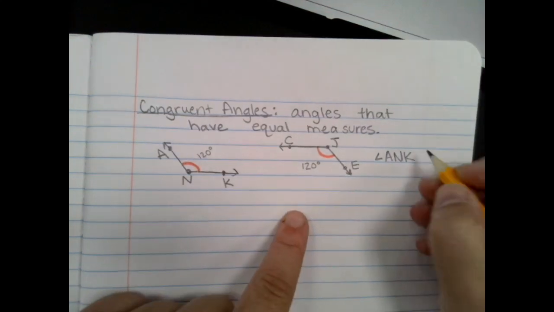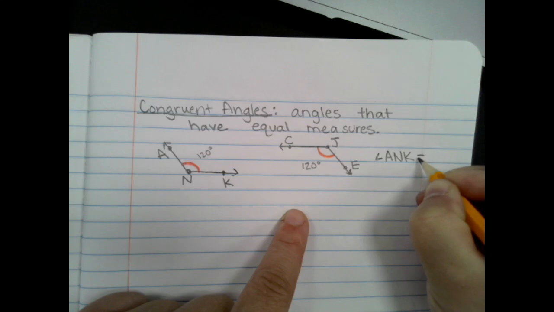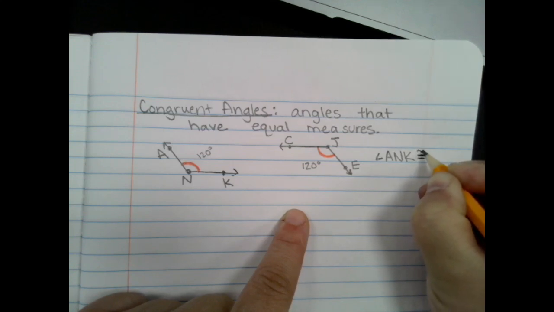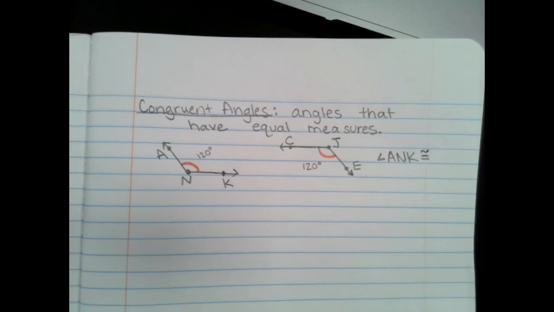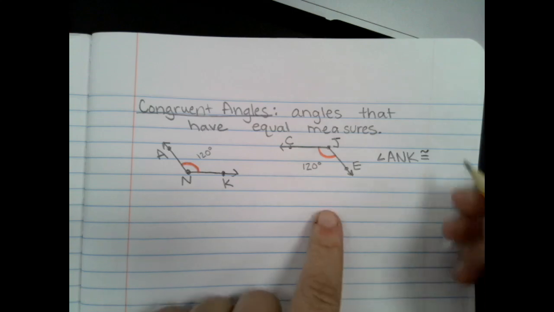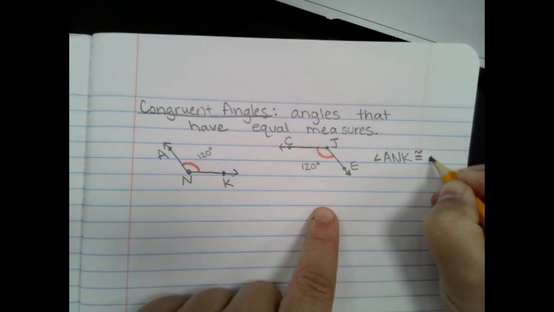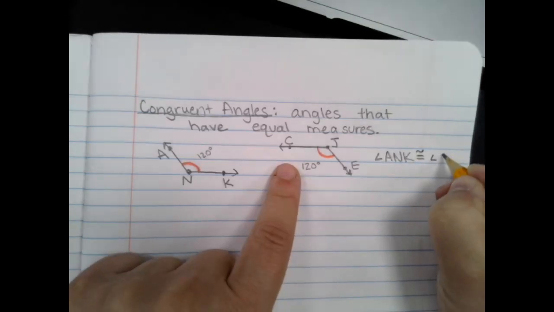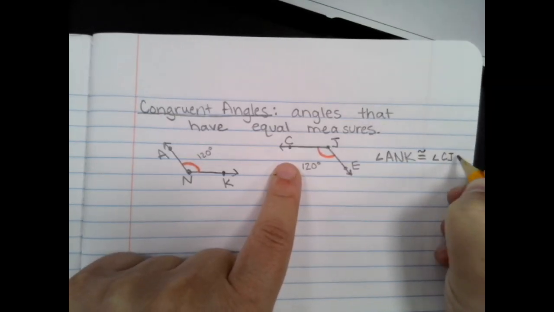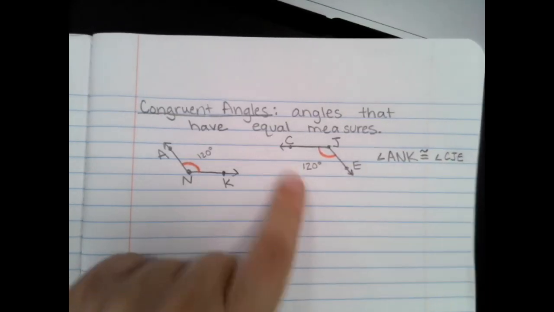Then we're going to do that congruent symbol. So remember, that's an equal sign with a little squiggle above it. So angle ANK is congruent to angle, what's our other angle name? CJE or EJC, either one. Again, my brain just reads it as CJE, so I'm going to keep it that way. CJE.